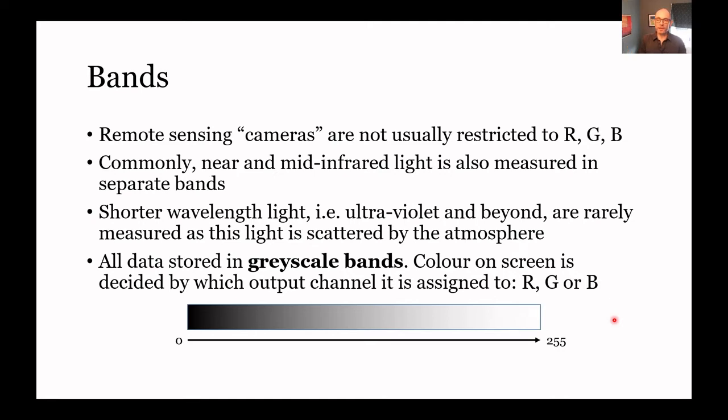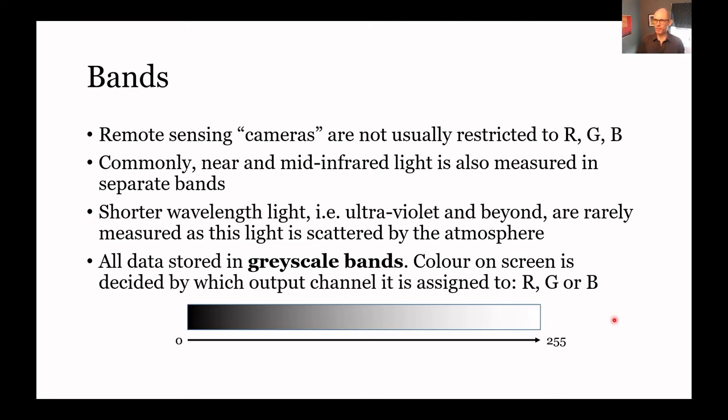We have spoken previously about the signal, the spectral signature, rather, that light is reflected at different intensities and in different wavelengths, which means that our cameras, our sensors, are going to need to sense light at different frequencies. And they also tend not to be restricted to red, green, and blue light, but in a lot of cases we'll actually pick up some near infrared as well.